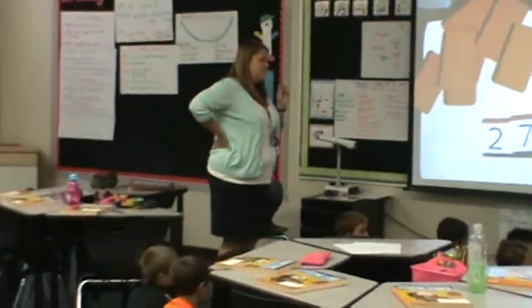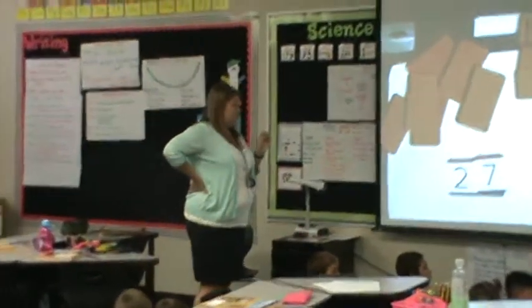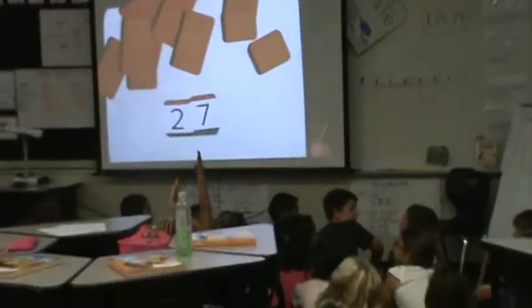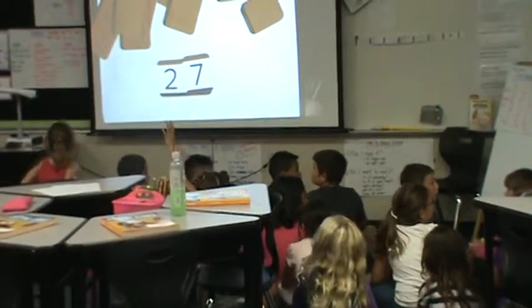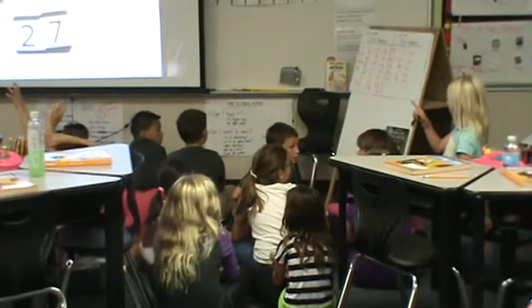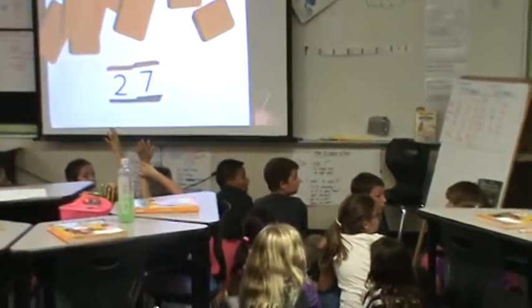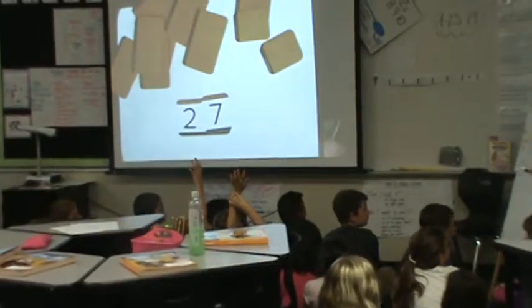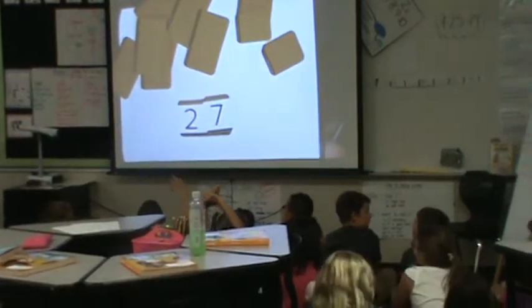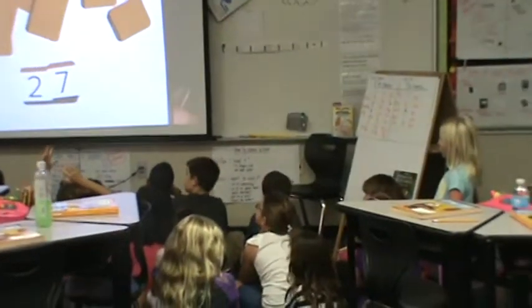I told my group that there's 7 tens and 2 ones. Okay. Group, did you agree with that? That there's 7 tens and 2 ones? What do you think? I mean 10 twos and. Which number tells us the tens place in 27?